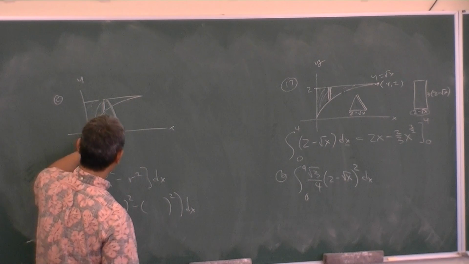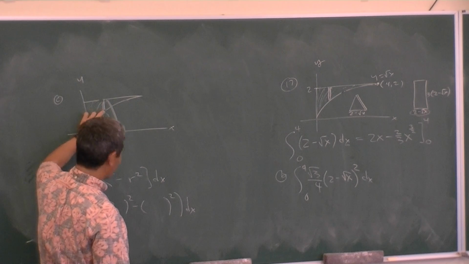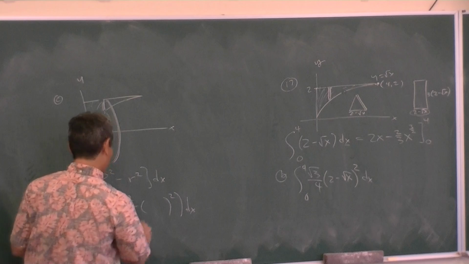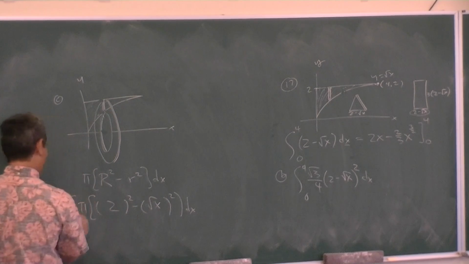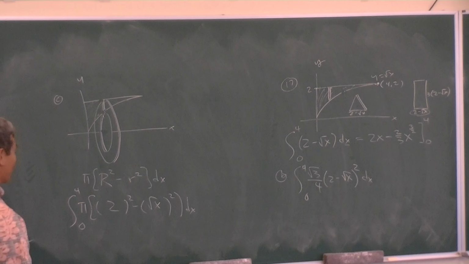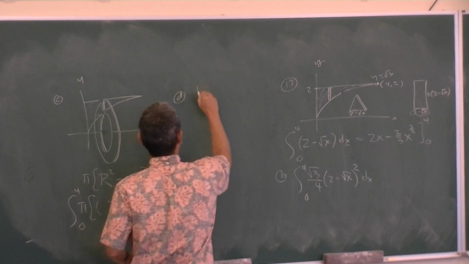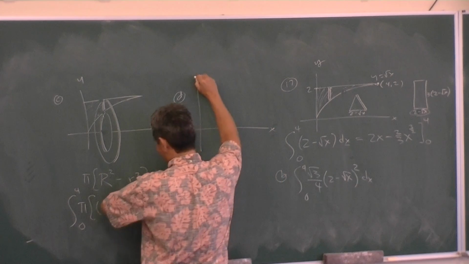Small radius goes from the middle to the inner edge of the washer. So top minus bottom. Root x minus 0. And then you add up all of these washers from 0 to 4. It's all coming back like a bad dream, right? I hope. And then the last problem, alright, we're going to make it.